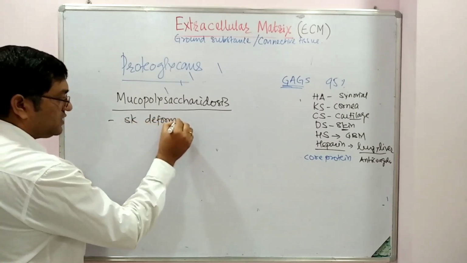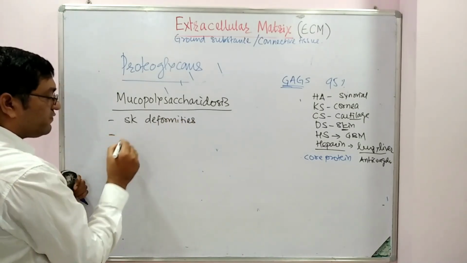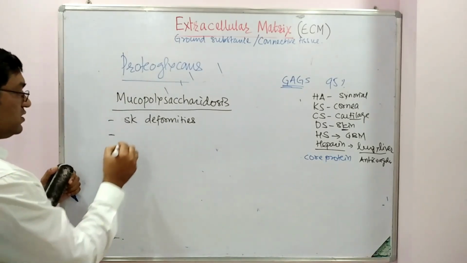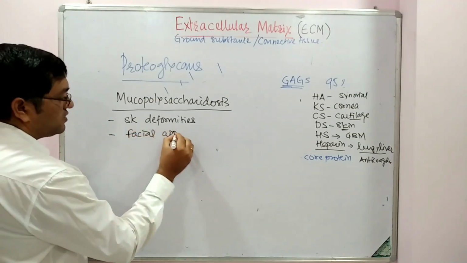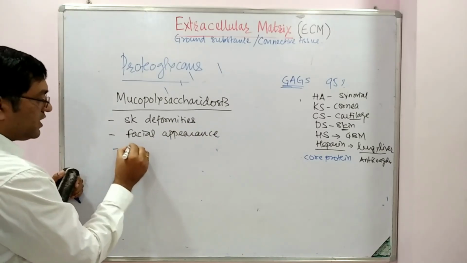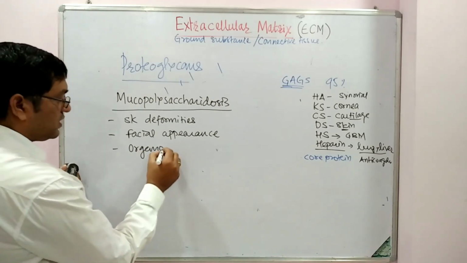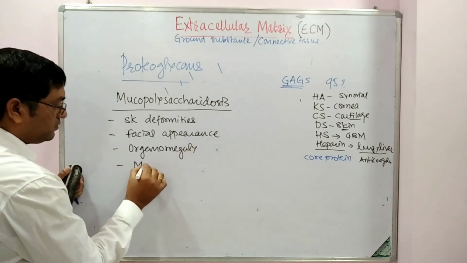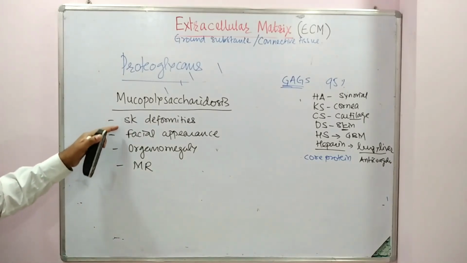Then coarse facies, a typical coarse facial appearance. Then organomegaly, hepatosplenomegaly. Then mental retardation. So these are the different features.